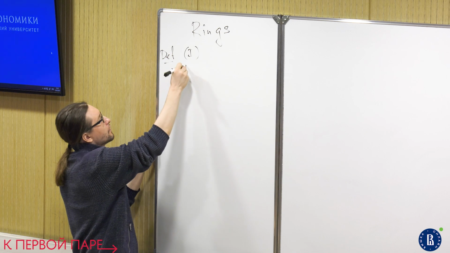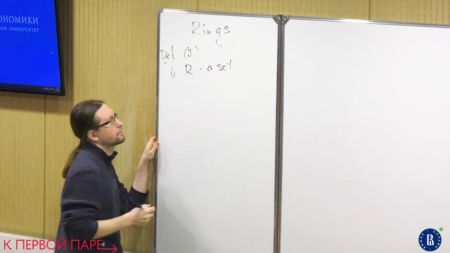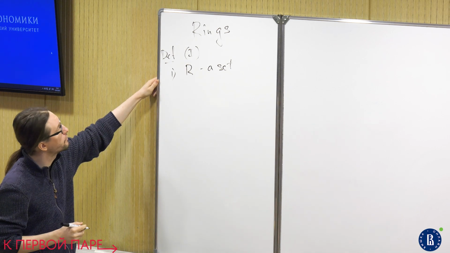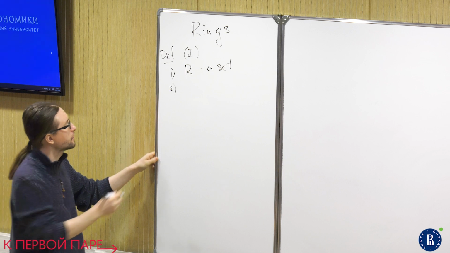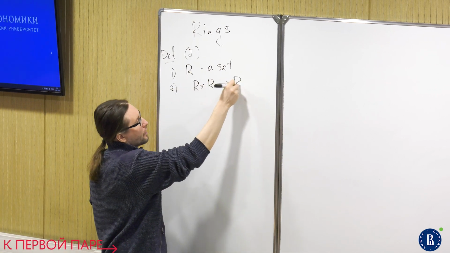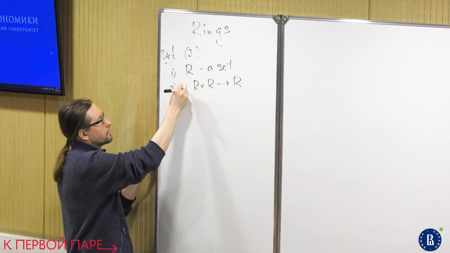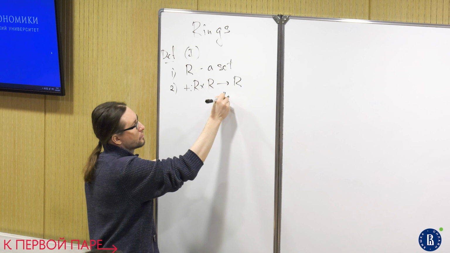First of all, we have a set. This will be the set of elements of the ring. Then we have a binary operation on R. This operation is denoted by the sign plus and is called addition.